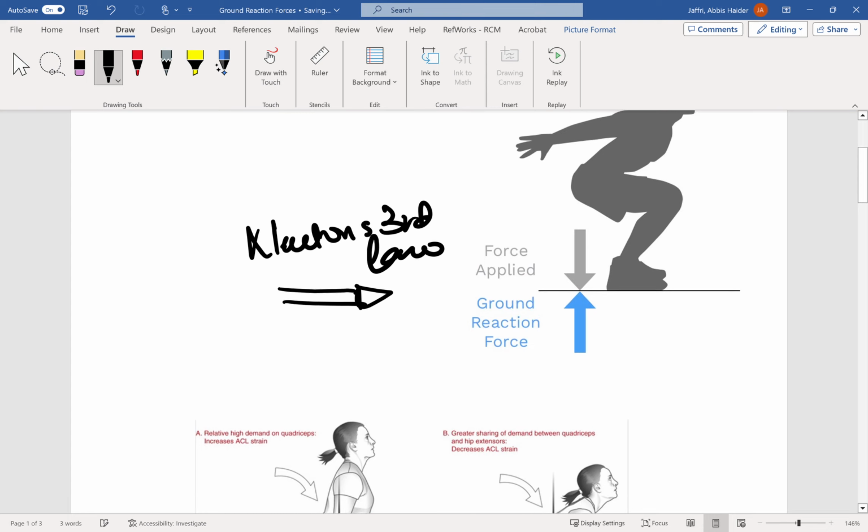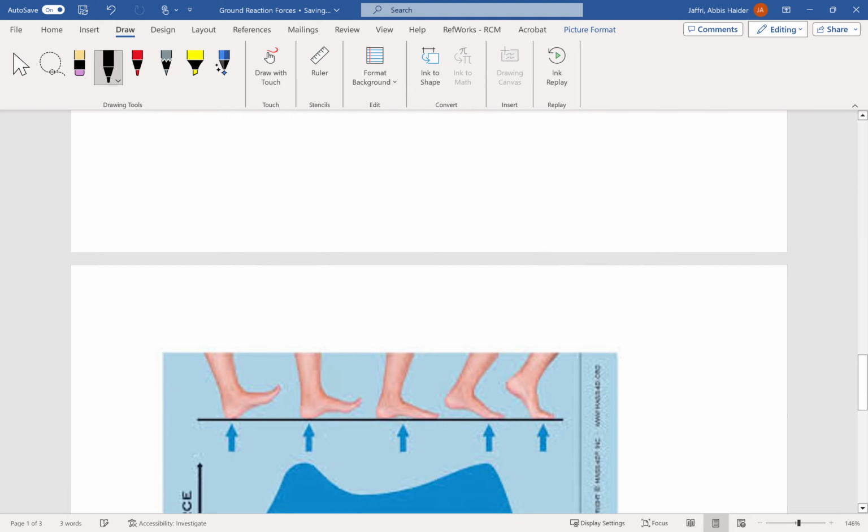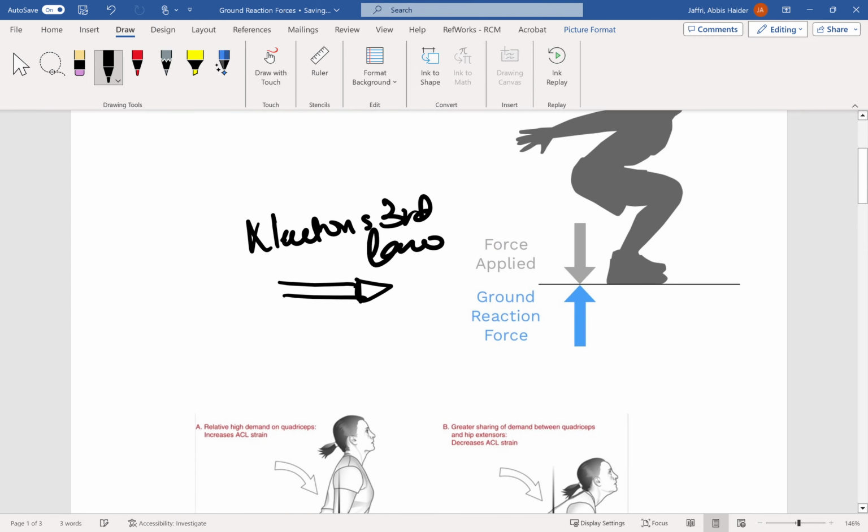Now I'll give you some examples in the body for ground reaction forces, which will show you some applications. Let's assume you stand up on both feet.